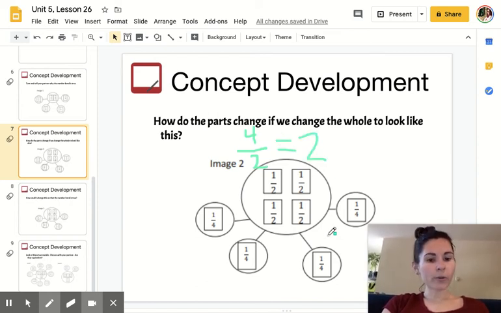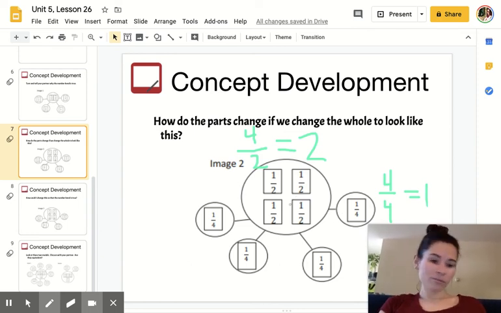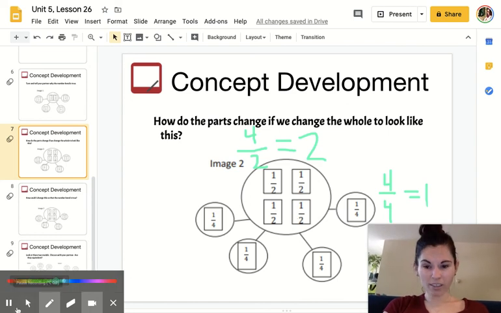Now let's count our fourths. 1/4, 2/4, 3/4, 4/4. We only have 4/4. 4/4 is how many wholes? Exactly, 1 whole. So is this number bond true? No, because 2 doesn't equal 1.